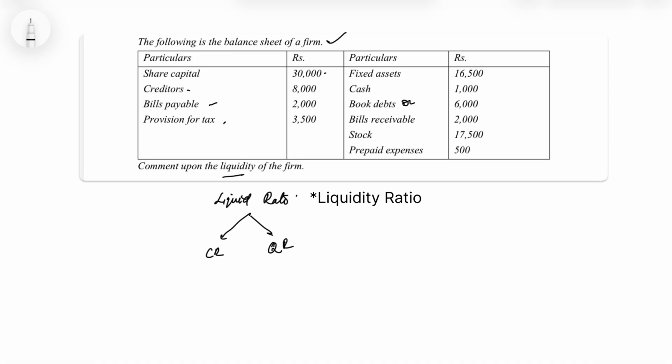Let's find the current ratio. The formula is current assets divided by current liability.